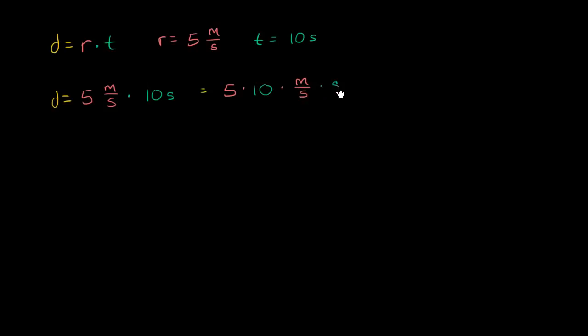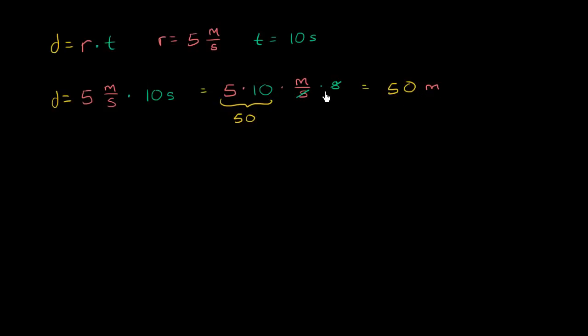And if we treat our units as algebraic objects, we have seconds in the denominator multiplied by seconds in the numerator, those are going to cancel out. And 5 times 10, of course, is 50. So we would be left with 50, and the units that we're left with are the meters. 50 meters. So that's pretty neat.